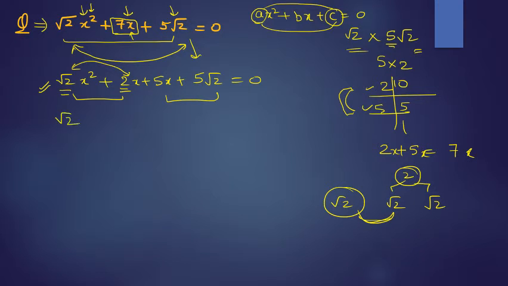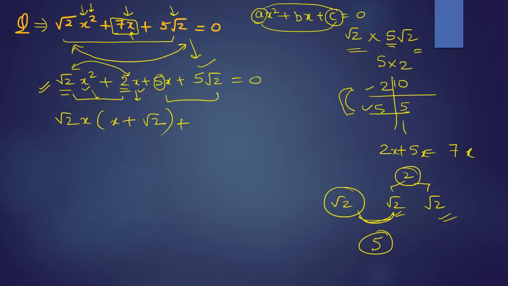Root 2. Also here is x square and x, so x can be taken out common. So what is left? x. And here, because root 2 has been taken out, root 2 is left and x has already been taken out. Here you have 5 and 5 root 2.